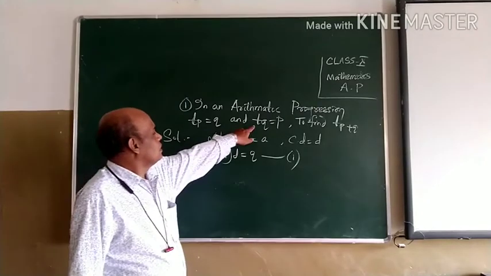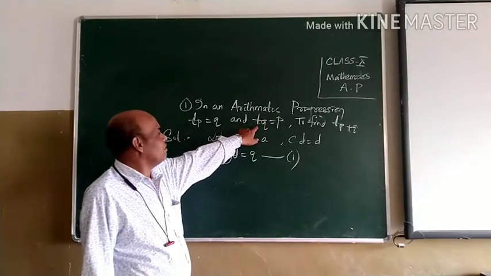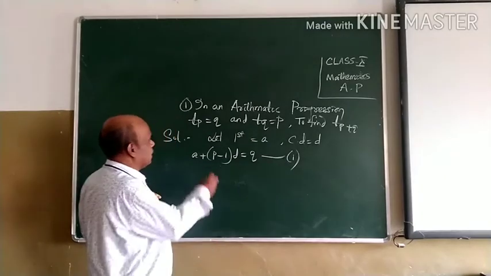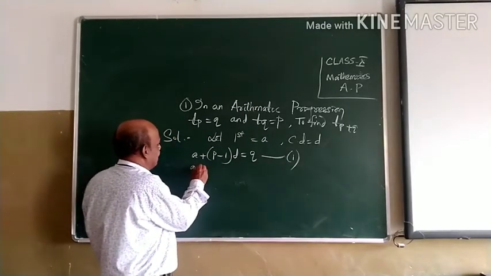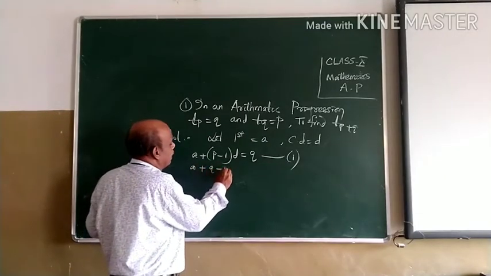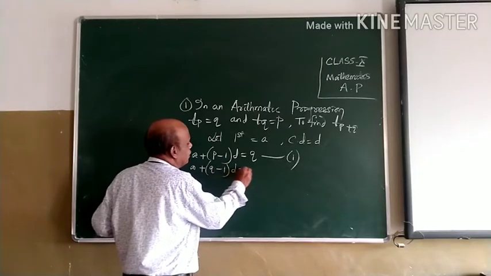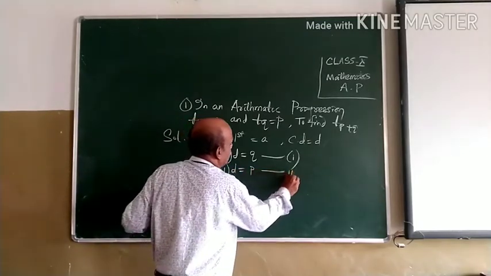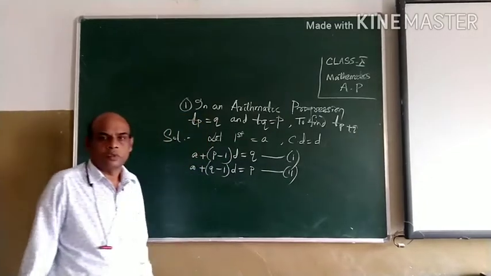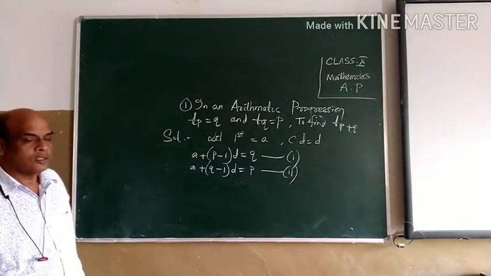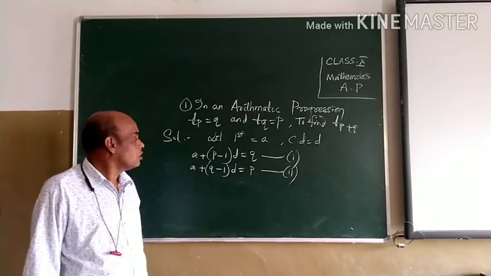Similarly, second equation, the Qth term is equal to P. So ultimately we will write a plus (Q minus 1) into D, that is equal to P. Equation number 2. So already we got two linear equations.